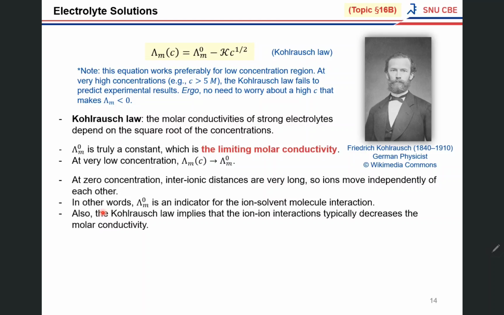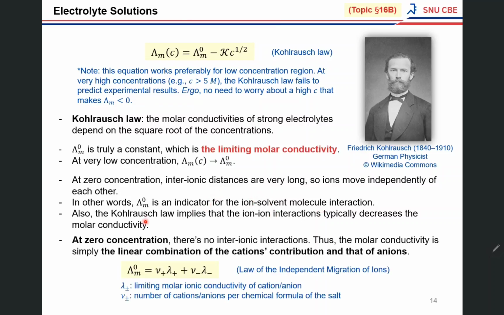There is no ion-ion interaction. So ions are totally free from the interionic interactions among them because the concentration is very low. Then this limiting molar conductivity is just an indicator for the ion-solvent molecule interaction because we can completely rule out the effect of the ion-ion interactions.